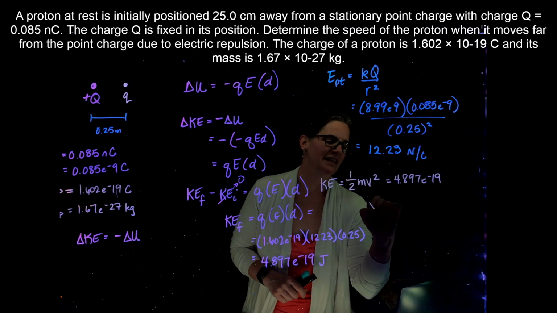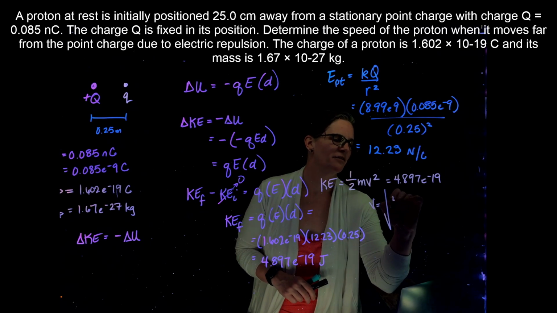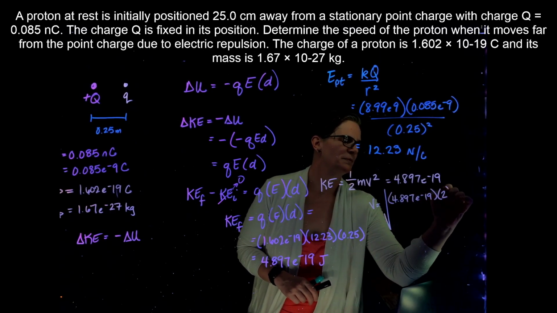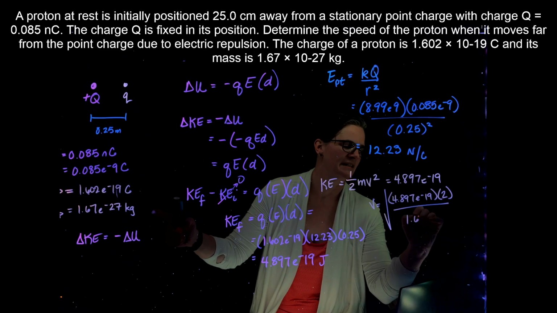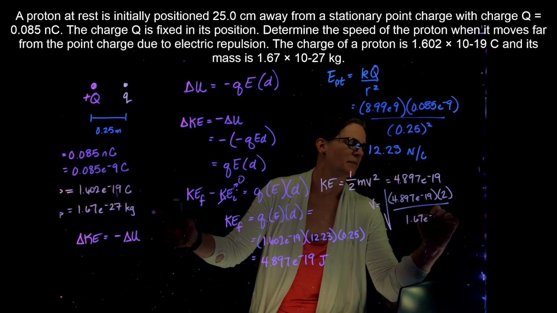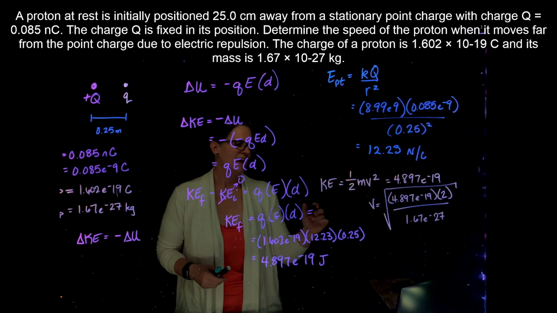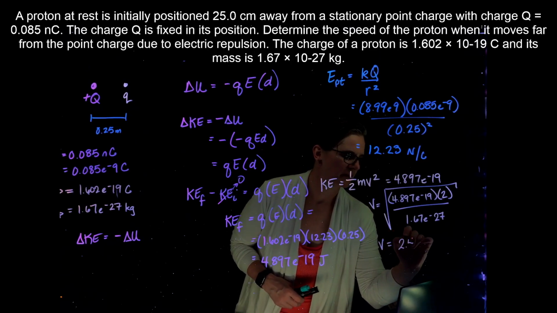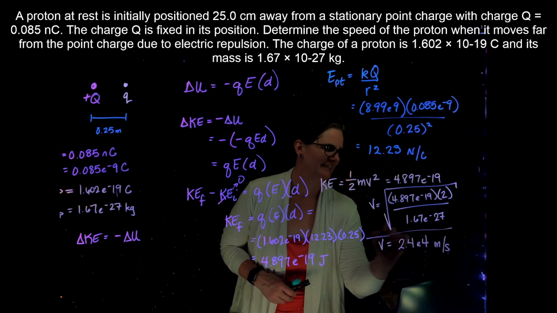V is equal to the square root of 4.897 times 10 to the negative 19th times 2, all over the mass of my proton, which is 1.67 times 10 to the minus 27 kilograms. And I solve for v. We get v equal to 2.4 times 10 to the 4th meters per second.